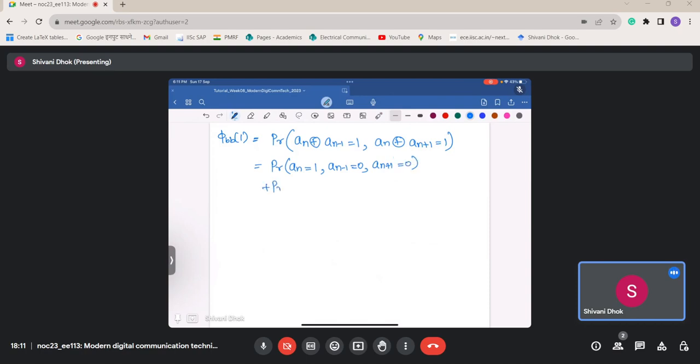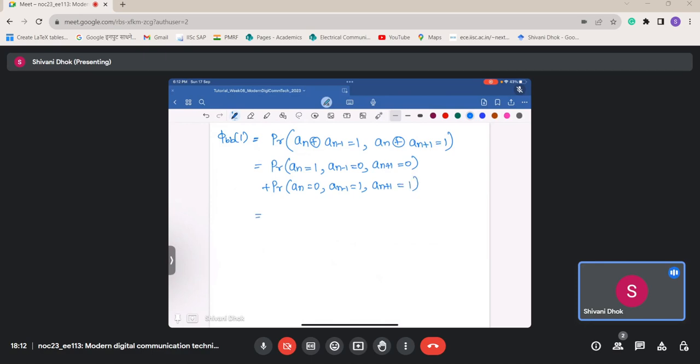Now suppose an is equal to 0. Then in order to make this 1, an minus 1 should be equal to 1. Similarly, an plus 1 should be equal to 1.